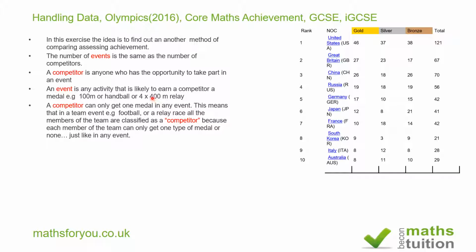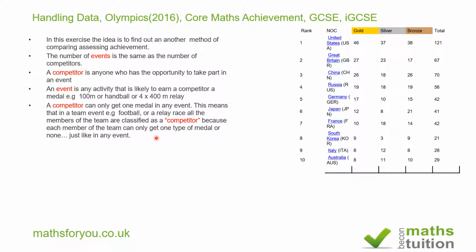So you could have 8 members in this relay team, and all 8 members form, quote, a competitor. So a competitor could be one person or a team. So you can have a competitor in the relay race, or in football, or hockey, or basketball, or swimming, and so on. Hope I'm making sense.